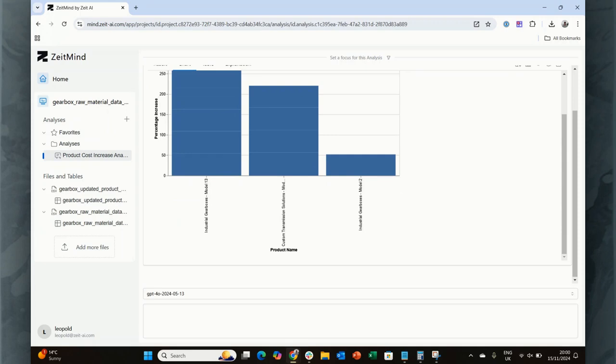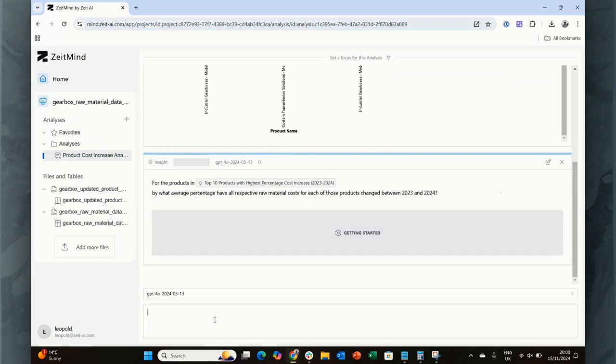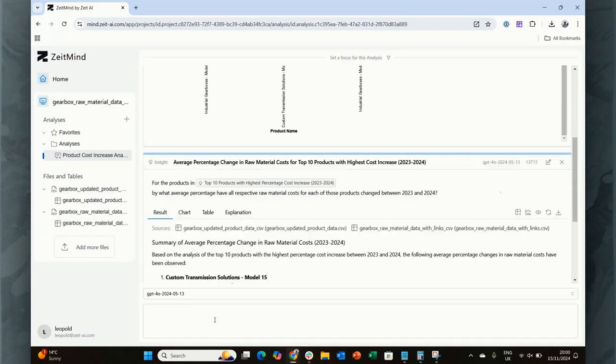So let's continue our analysis and actually ask ZyteMind for the products in our previous question, by what average percentage have the raw material costs for those products increased? So this might give us an indication of whether those two things are actually directly correlated.